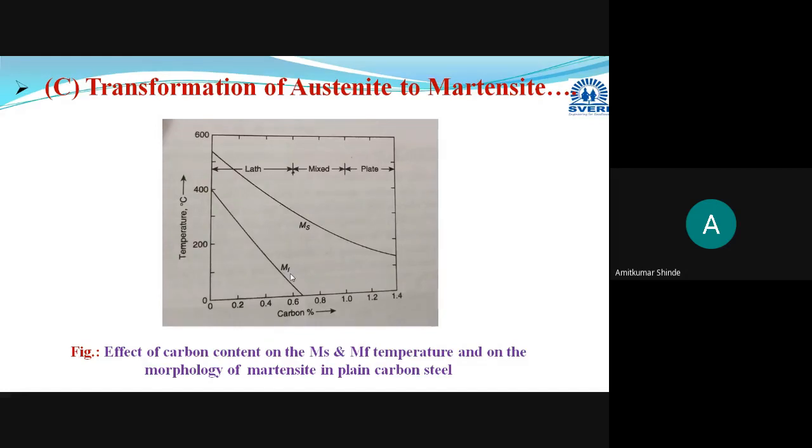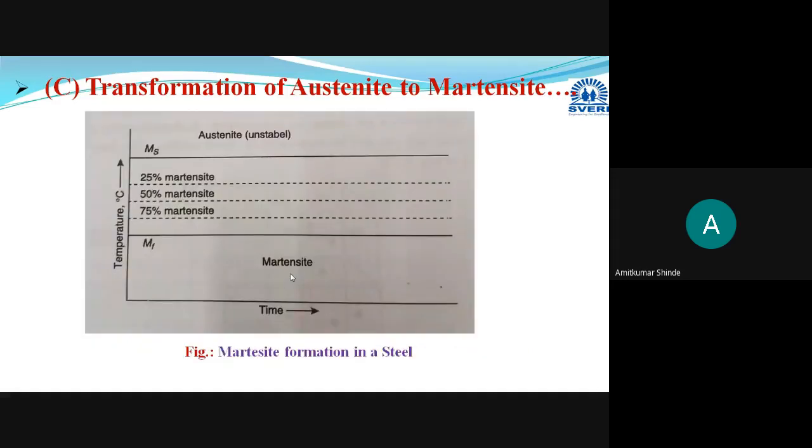You have to use temperatures lower than room temperature. And in most cases, you are not able to transform all the austenite. Some amount of austenite is still there at room temperature, or at the end of the process.